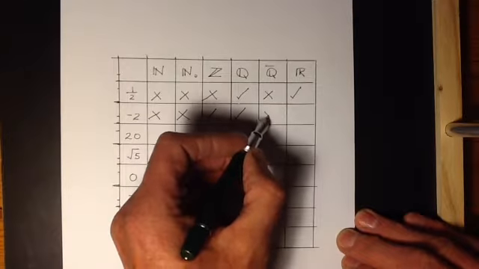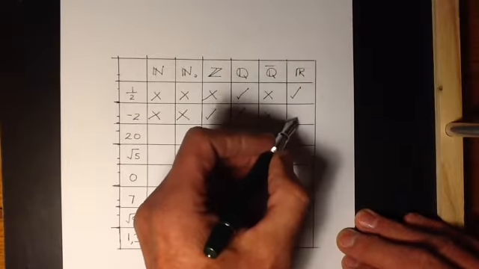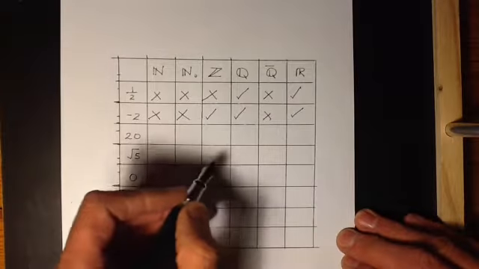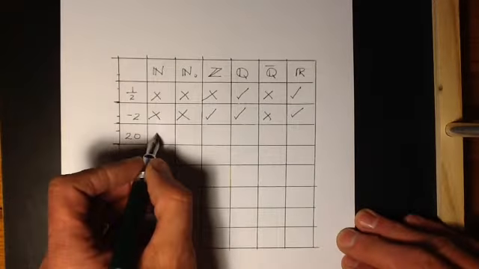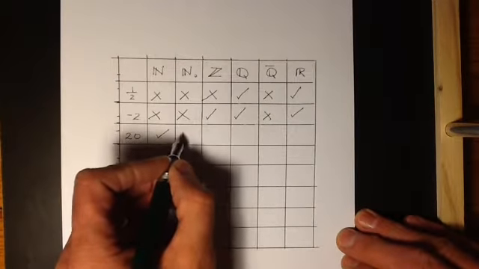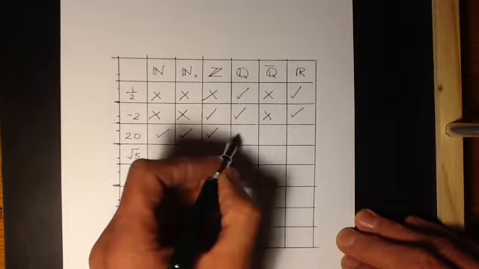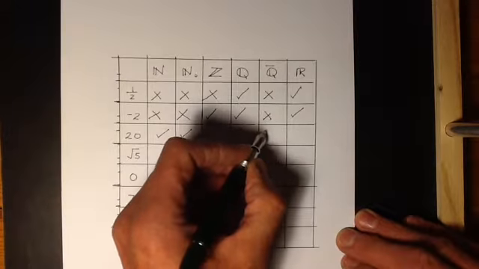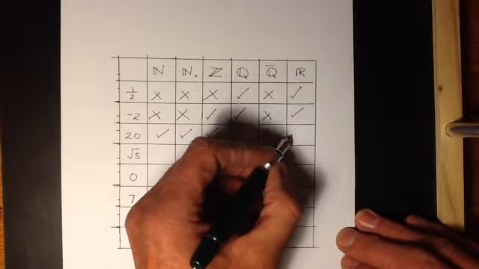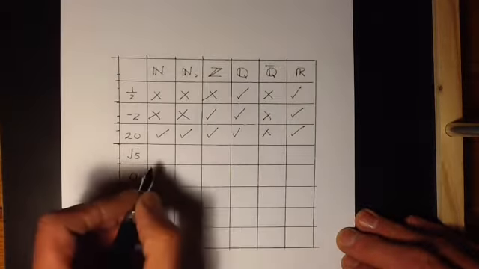Therefore it cannot be irrational, and it will be a real number. 20 is a natural number. It's a whole number. It's an integer. It's rational, therefore it's not irrational, and it'll be real.